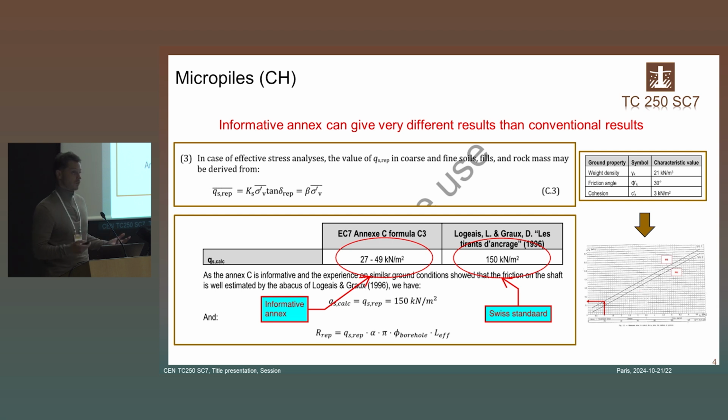As a general statement, I think that is happening in more places in the annexes, that there could be quite a difference between what people are used to obtaining from formulas and what is in there now. So the countries should really look into that when they are making the national annexes.